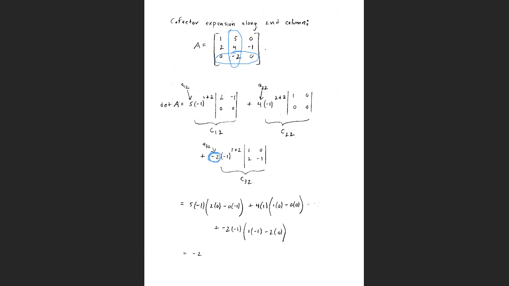And so you see here then the submatrix that's left over would consist of 1, 2, and 0, -1, and it does. And if you compute then the determinant, you're going to get a -2.